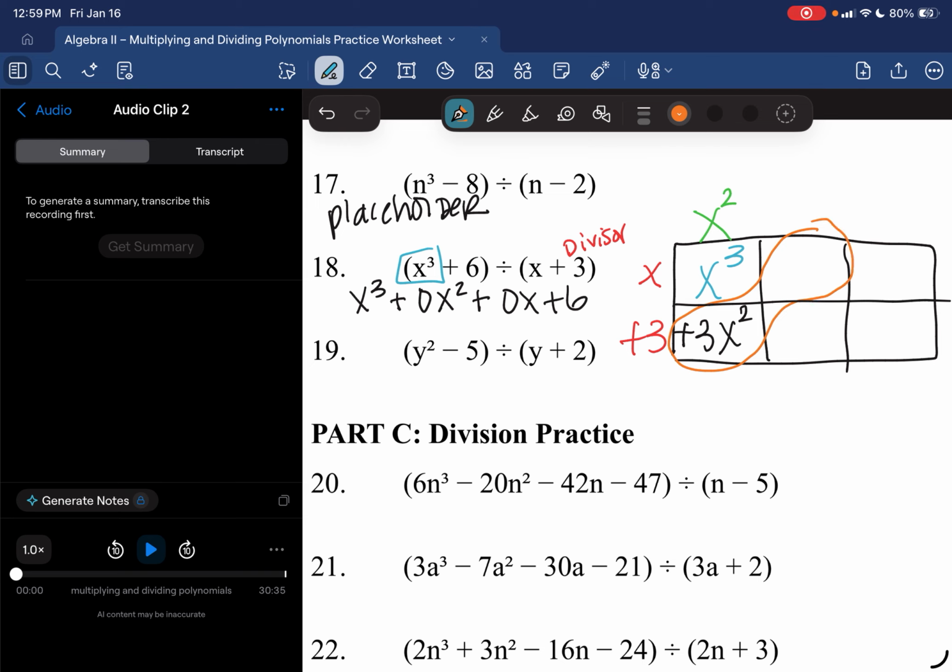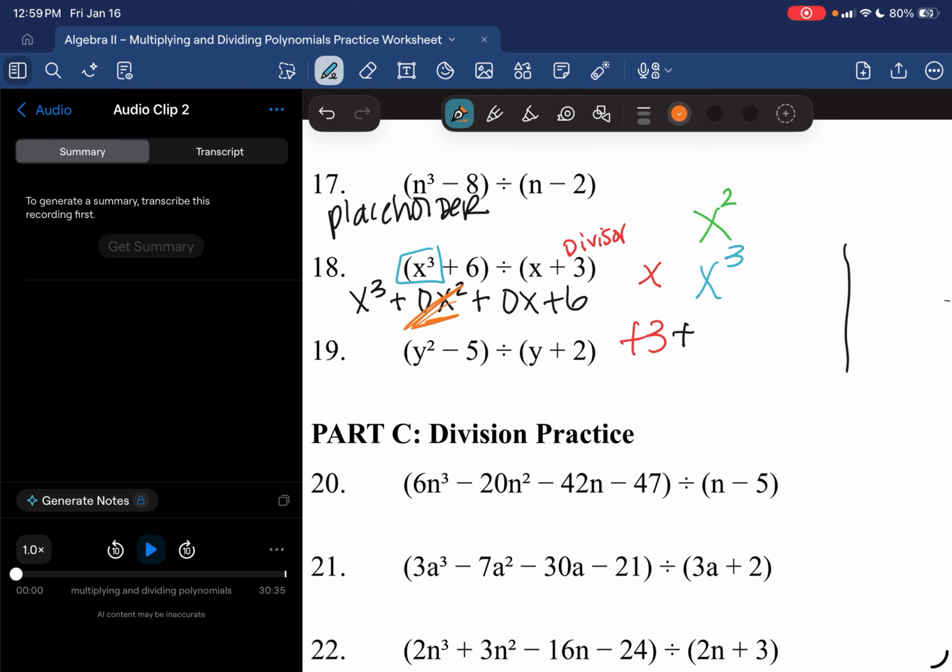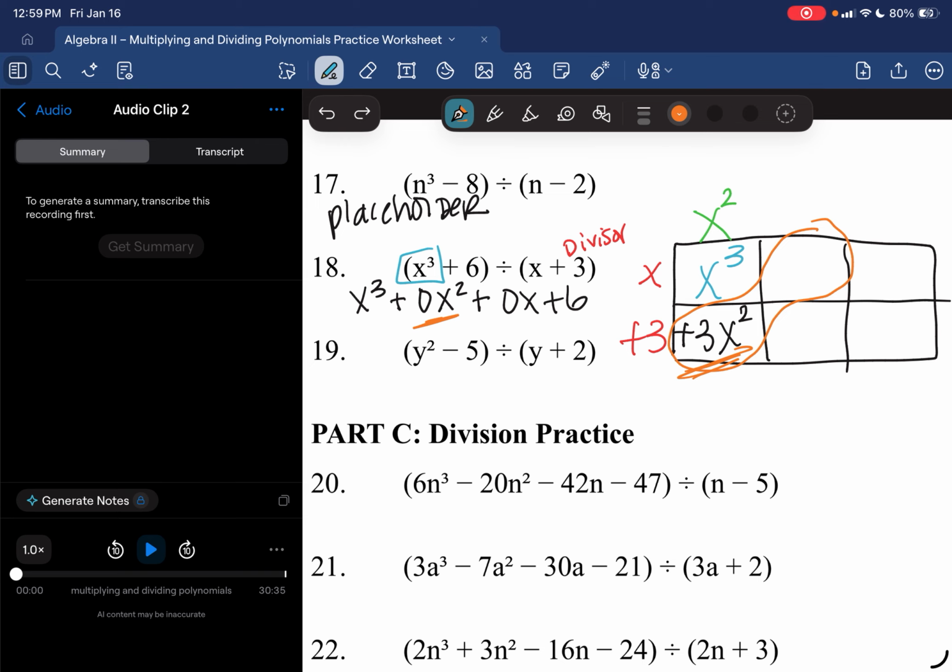All right, so you ask yourself, 3x squared, 0x squared. So the middle term has to equal 0, right? So a positive 3 plus what gives you a 0? You got it, negative 3. Positive 3 and negative 3 is 0 when you add them.